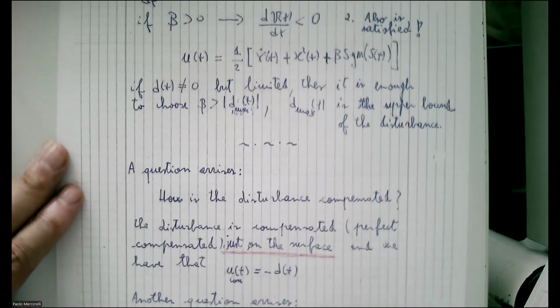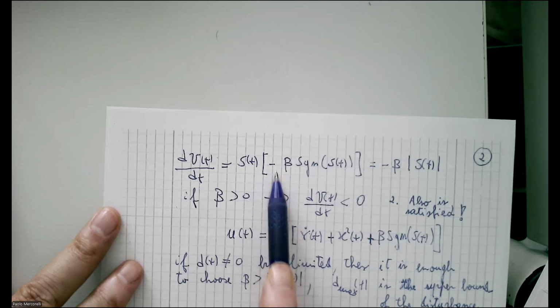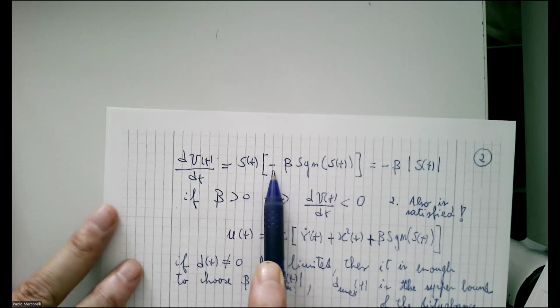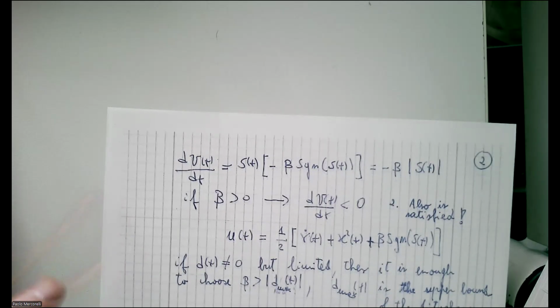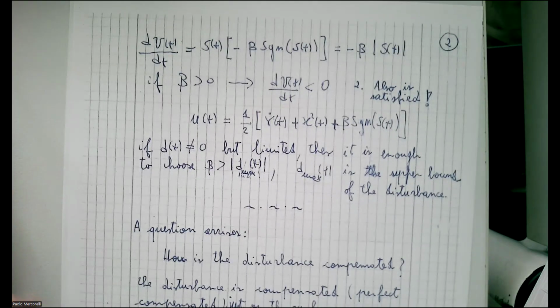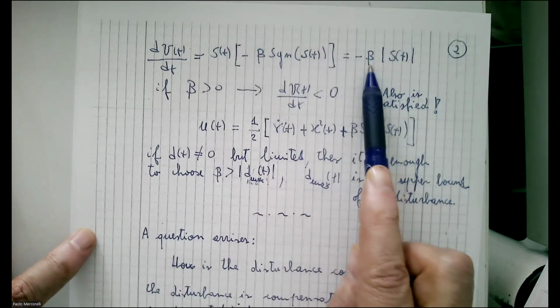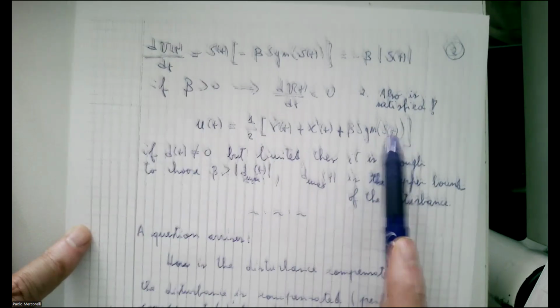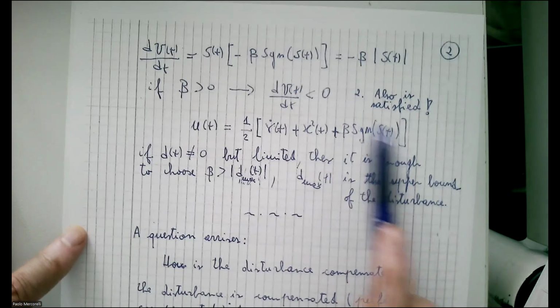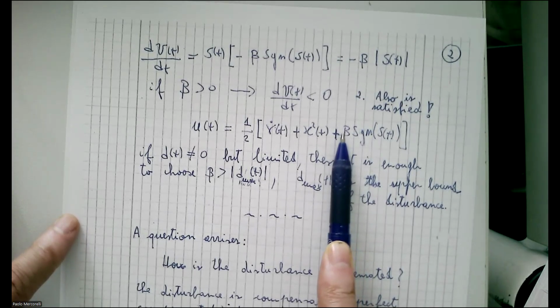When we are on the surface, exactly in this situation here, I am sliding, I am on the surface. I can remain on the surface, ideally, because of this control action, which guarantees that I remain on the surface, at least mathematically. Why that?